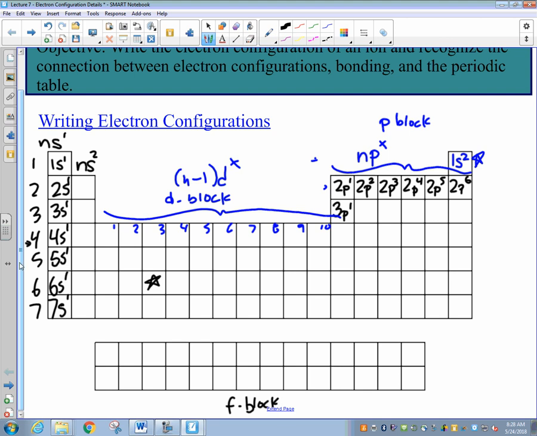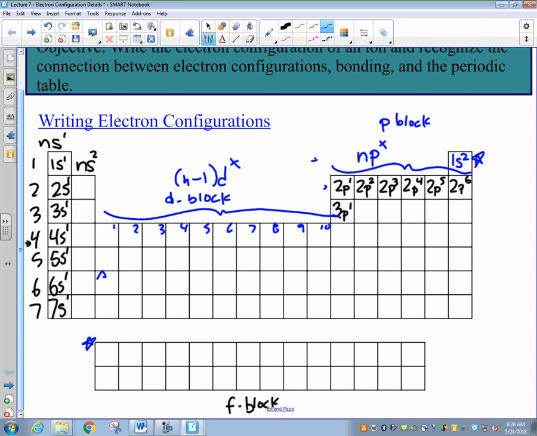Here you have to be very, very careful, because remember that the first f orbital electrons off of your Aufbau sheet are found in the 4f orbital. And the F block, if you recall, we pull out down at the bottom of the periodic table because it really should go right in here, after the lanthanides, element number 57.